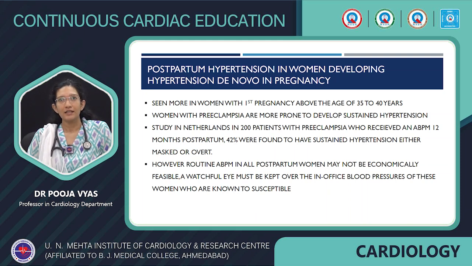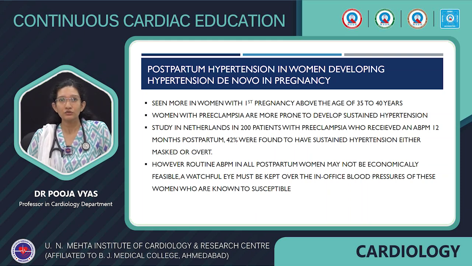Postpartum hypertension in women developing hypertension de novo in pregnancy. It is seen in women with first pregnancy above the age of 35 to 40 years. And women with preeclampsia are more prone to develop sustained hypertension. In one study in the Netherlands, done in 200 patients with preeclampsia, those cases also received ambulatory blood pressure monitoring at 12 months postpartum.